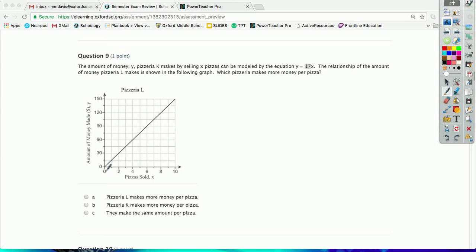The second one, if I look at the rate of change here, I'm finding some good points. I've got the points (2, 30), I've got (1, 15), (0, 0), so this is a directly proportional line. I really can take any one point and divide y by x to find my rate of change. So for example, the point (2, 30), I could really just take 30 and divide it by 2.